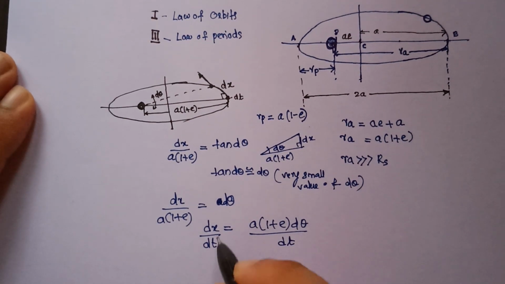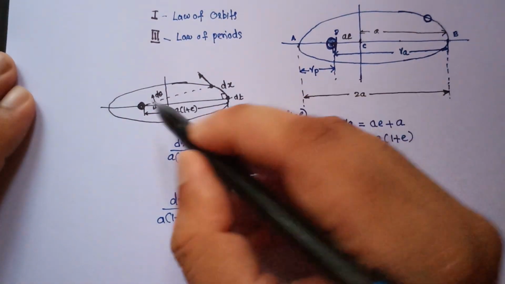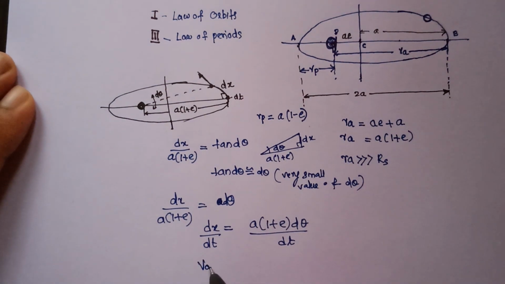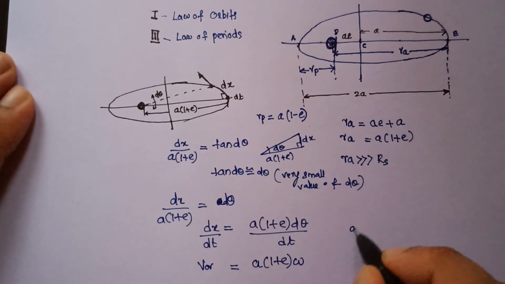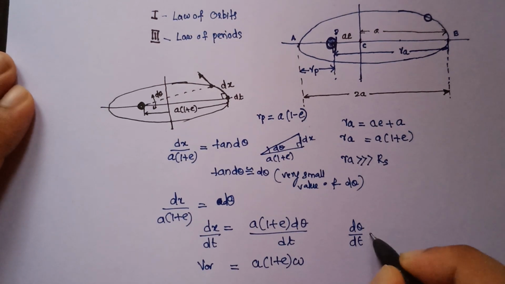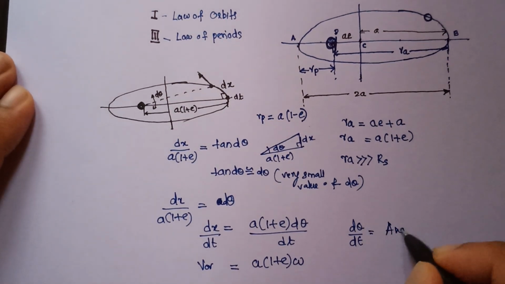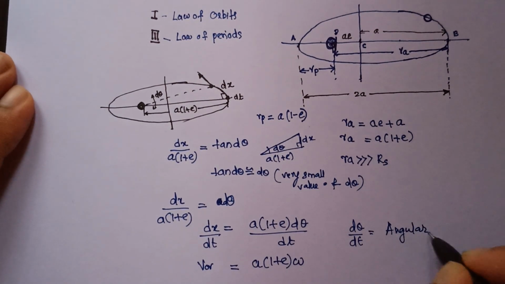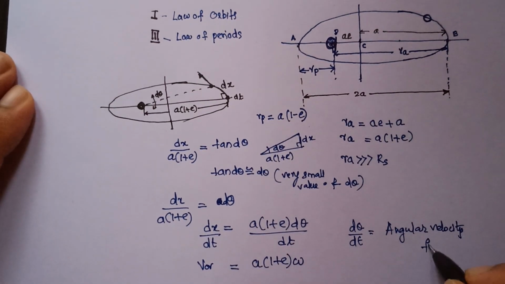You get dx by dt, which is nothing but the orbital speed, equal to a into 1 plus e into d theta by dt, which is omega. d theta by dt is the angular displacement upon t.